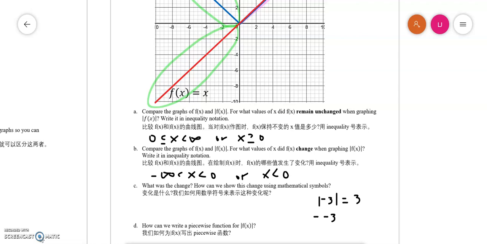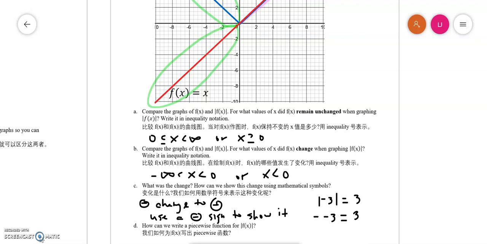A negative 3. That is also equal to positive 3. So the change was a negative change to a positive. And the way we can do that is use a negative sign to show it.